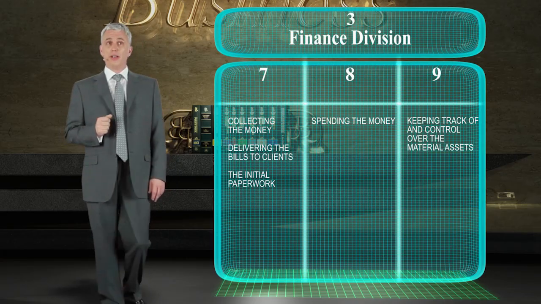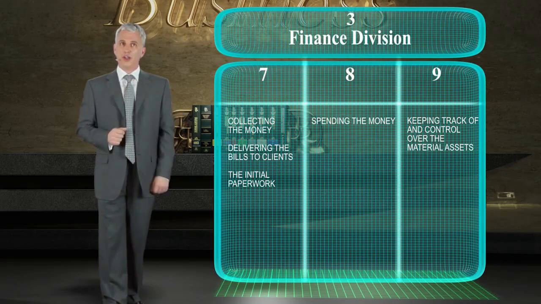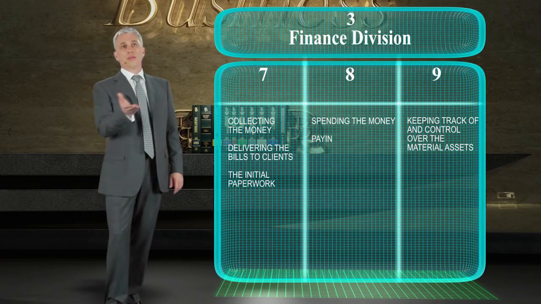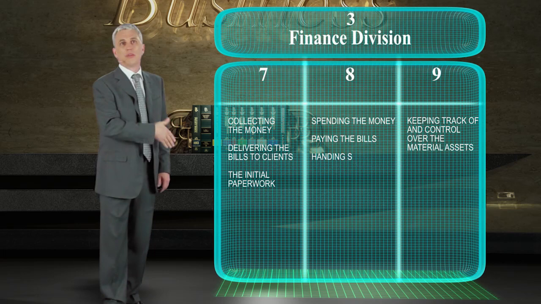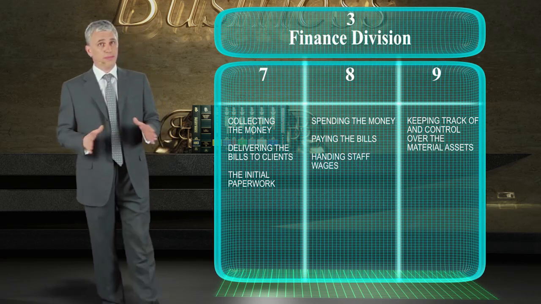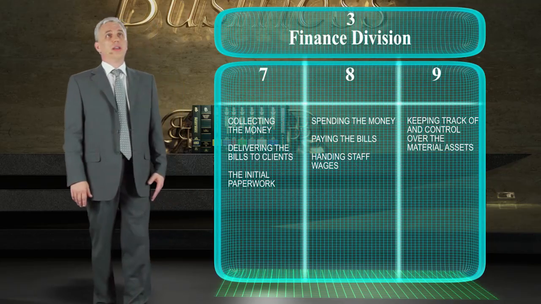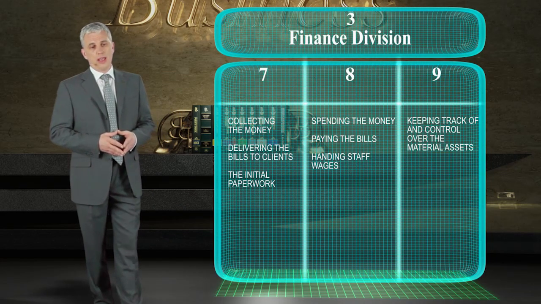Here, in Department 8, we have the actual execution of the decisions made about finances. So here's where bills are paid, here's staff wages are handed out, etc. Very simple.